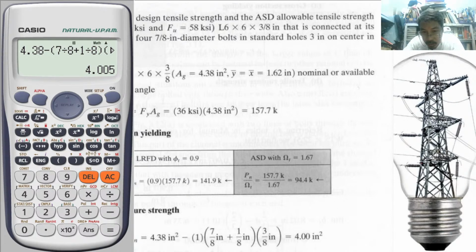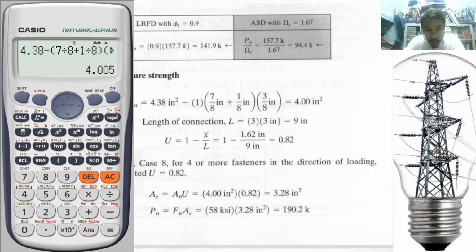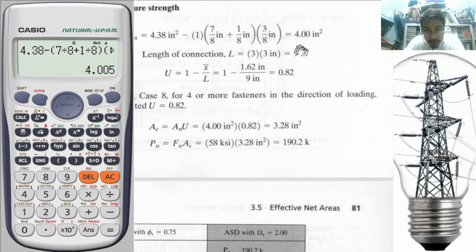Okay, so when you have the complete given values, you can solve for the net area, which is equal to 4, then solve for the length of connection. The length of connection, there are 4. So there are 4 holes. How many spacing? There are 3. There are 3 spacing. How much is 1 spacing? 3. So 3 times 3, we have what? 9.